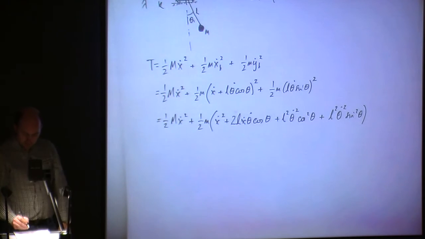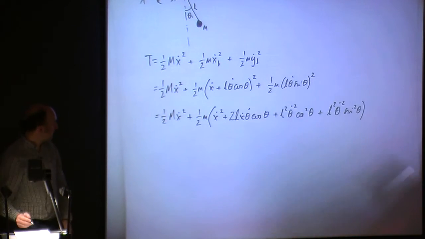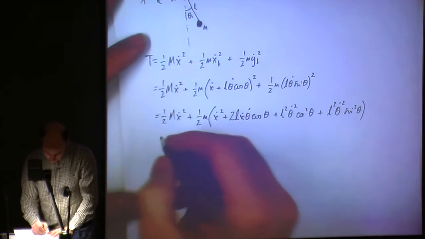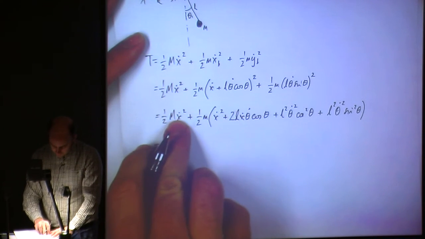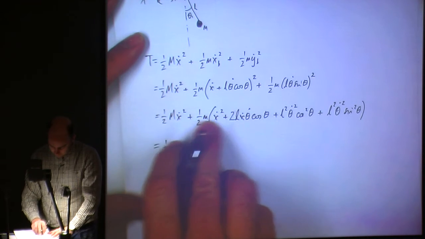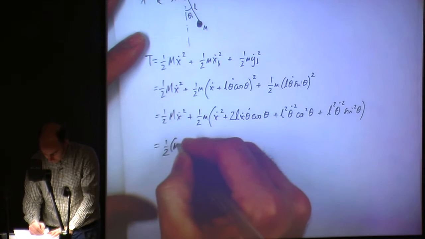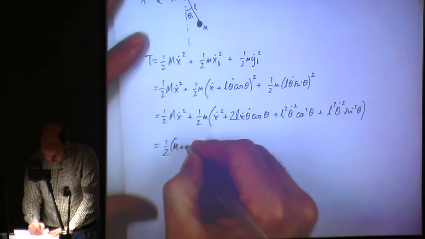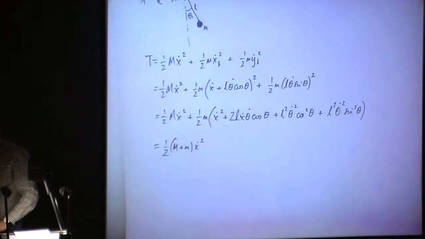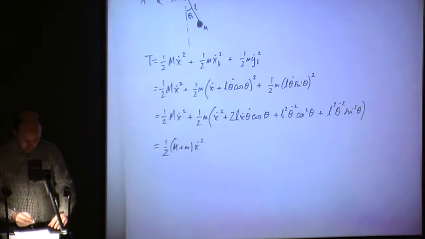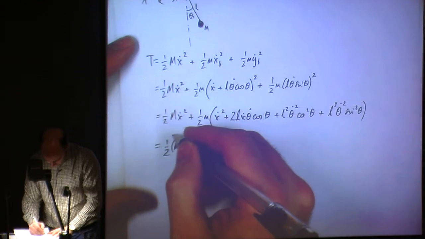Now obviously cosine squared plus sine squared is 1, so that term disappears. And so if I take my 1/2 out over here, I've got a big M times x dot squared, a little m times x dot squared, so that's going to be 1/2 M plus m, x dot squared. Like I said, I'll take the 1/2 out of everything.